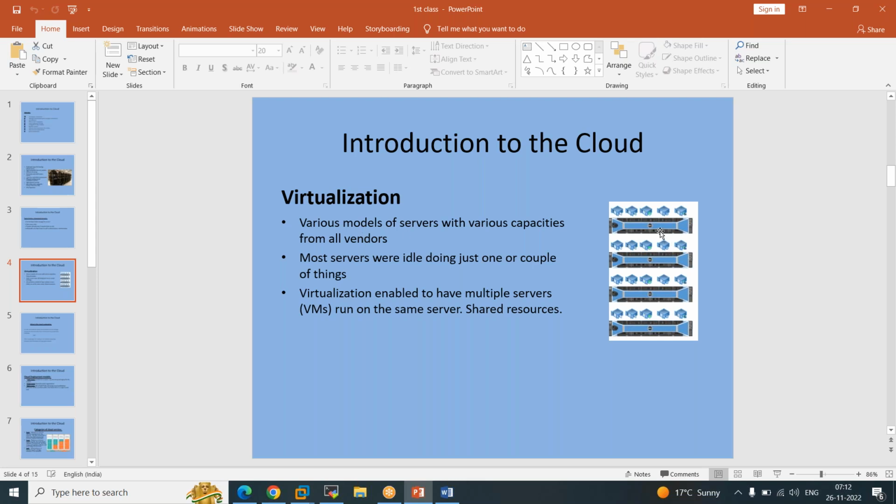You stand up a big machine for a single application, and that single server is capable enough to manage that application's load during the peak hours. Okay, you configured that server well to take care of the peak hours load, but what about the non-peak hours? The server's resources are idle. You paid, invested, and you are maintaining it, but you're not taking the maximum out of the server, right?